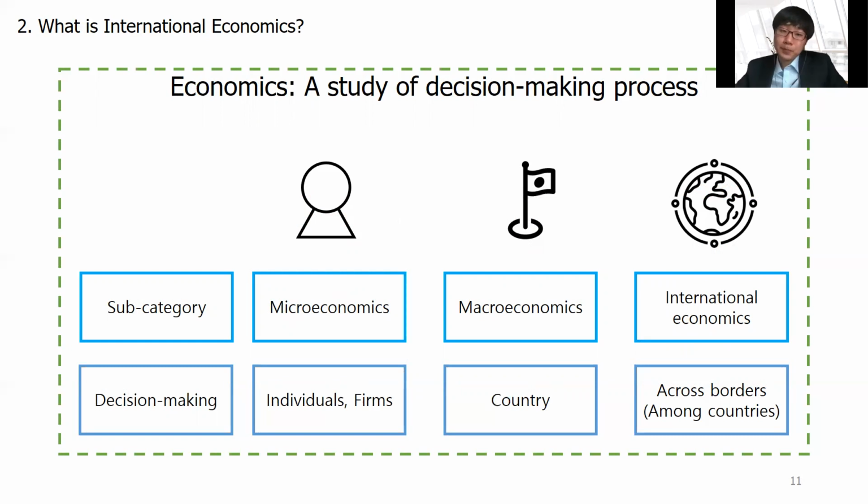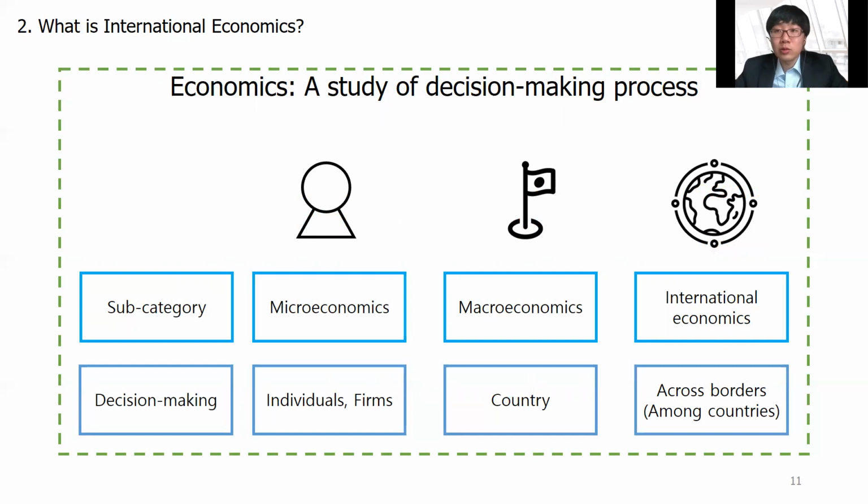How are they different? Microeconomics is dealing with the decision-making process of individuals and firms. But macroeconomics is talking about the decision-making processes of the country. So that's a higher level. And international economics is even higher. It's across the borders among the countries. So it's the decision-making processes among the countries.